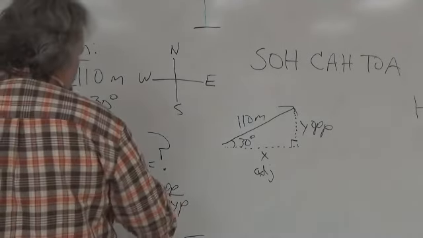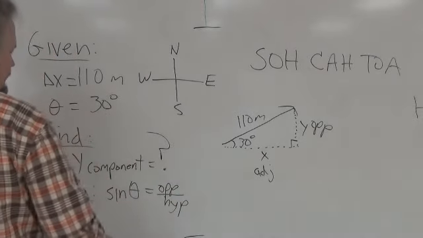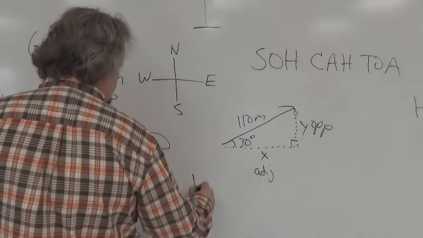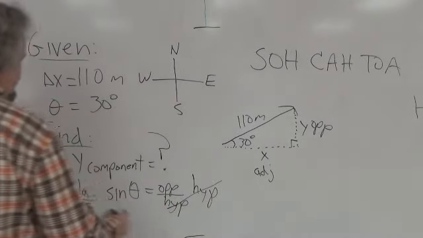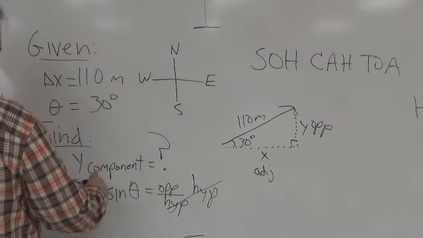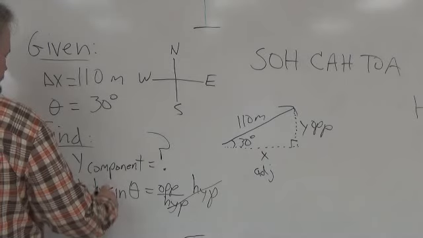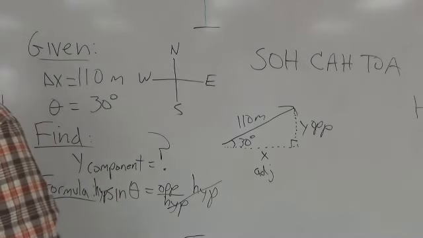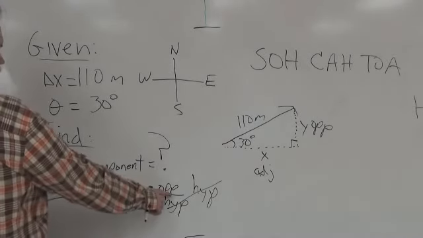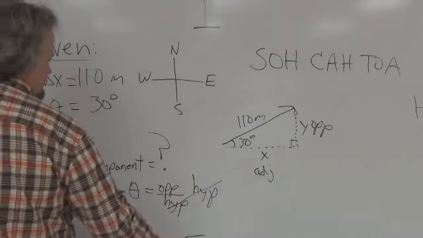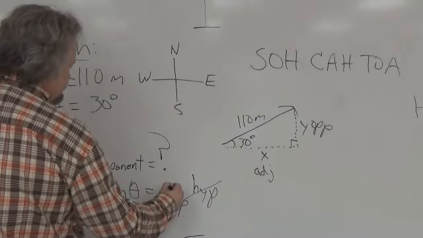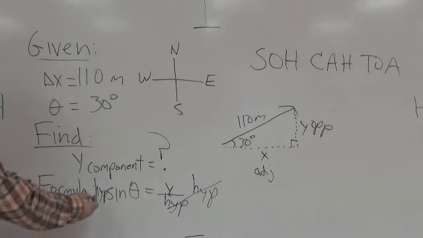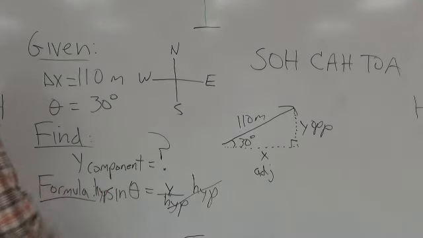So, multiply both sides by hypotenuse to cancel it out. So, hypotenuse over here will cancel it out. Then hypotenuse will squeeze in over here. And so that's our formula now. The opposite, which is the y, so we can relabel that, is going to be the hypotenuse times sine angle. So let's solve that.